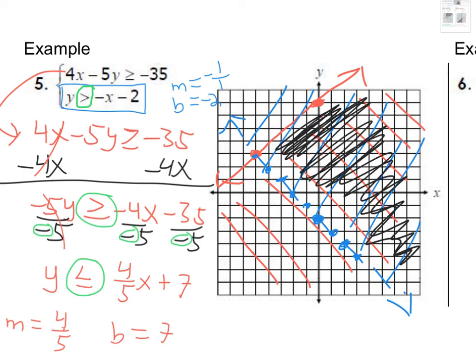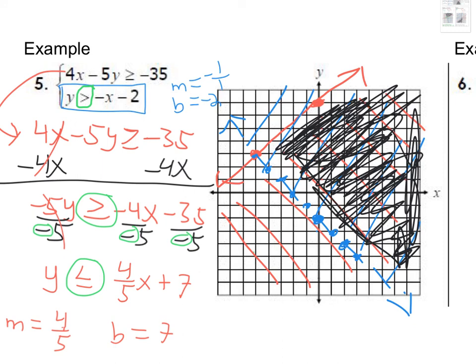I encourage you to always check your answer. You can pick any coordinate you want and plug it back into x comma y to figure out the solution. Let's just circle this coordinate here, which happens to be 2, 0. You can plug that in if you want, and it does not matter. Just pick anything to check your answer.